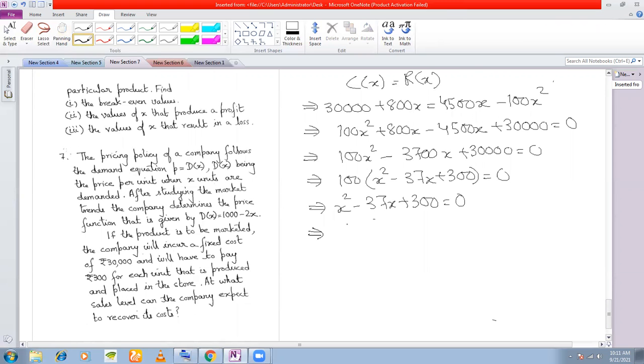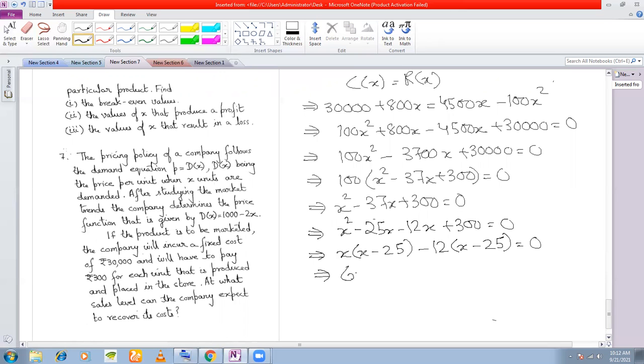The factors are 25 into 12. So we get x minus 25 into x minus 12 is equal to 0.